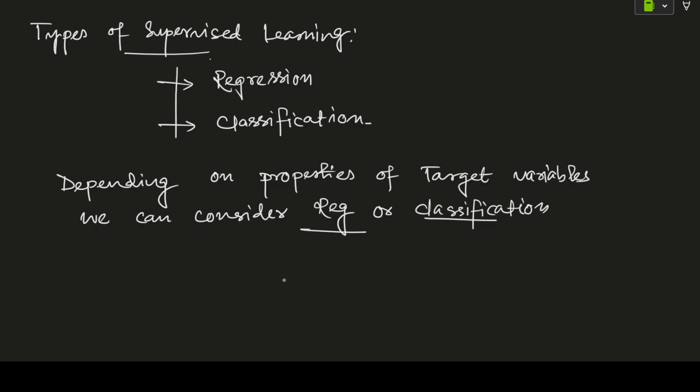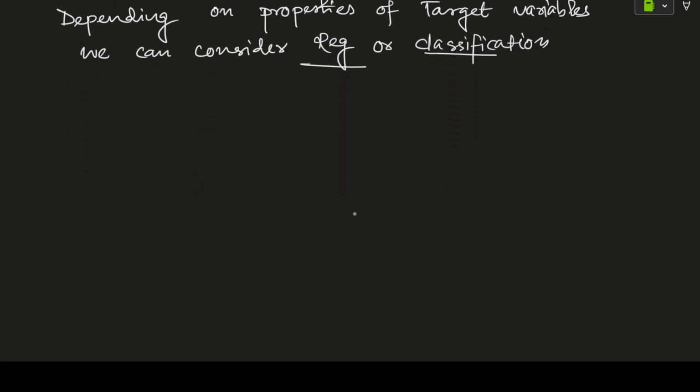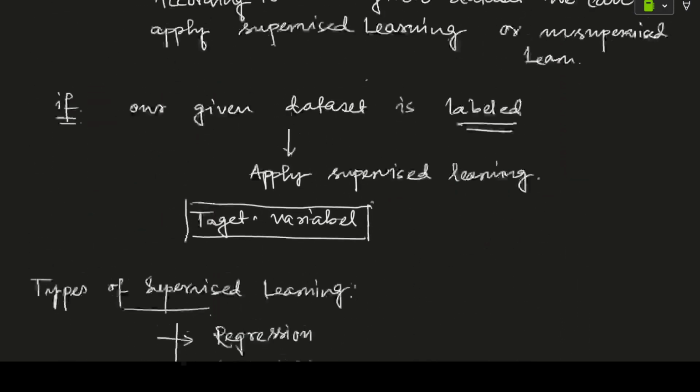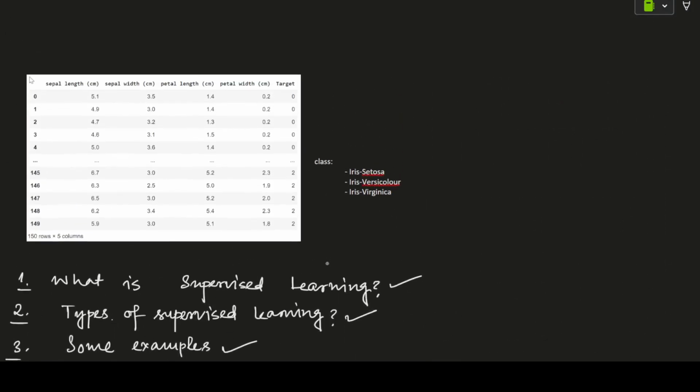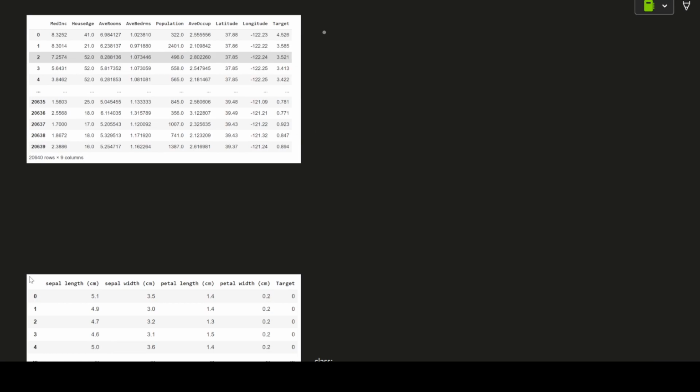Now let's go to our image. In this image is the California house price dataset from scikit-learn.